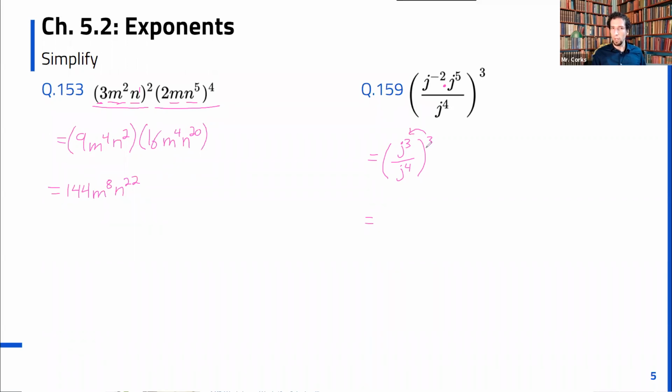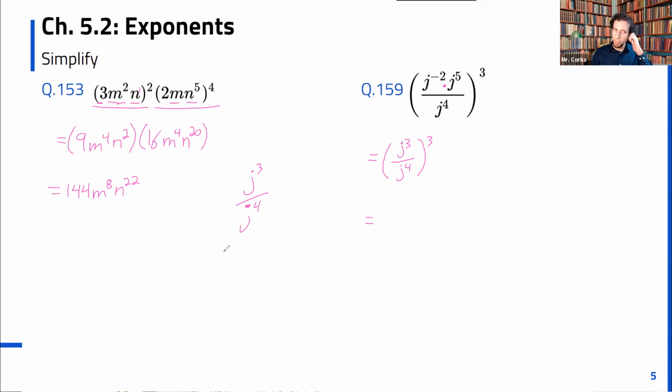Okay, so we could do our expanding. We could bring this 3 in and apply it to the top and the bottom. We don't need to do that now. I think there's a slightly simpler thing we could do first. We can simplify j cubed over j to the 4. It will be 1 and delete j, kind of. -1. Okay, so let's write out what's happening here. j to the exponent 3 over j to the exponent 4.